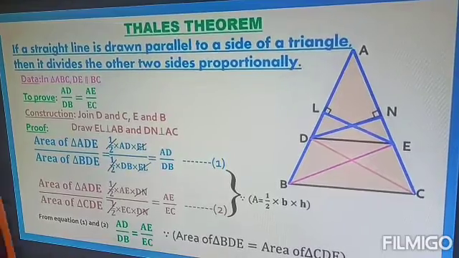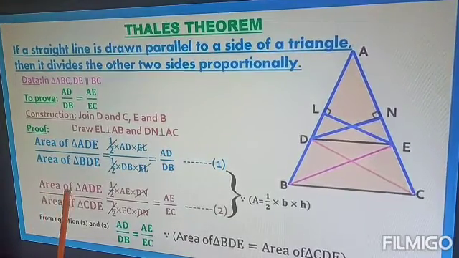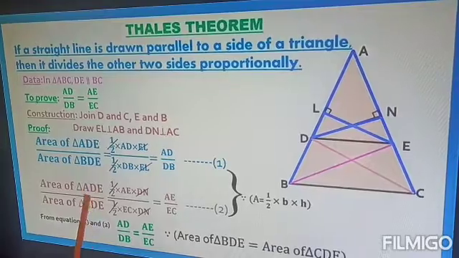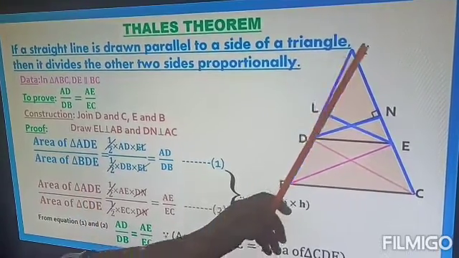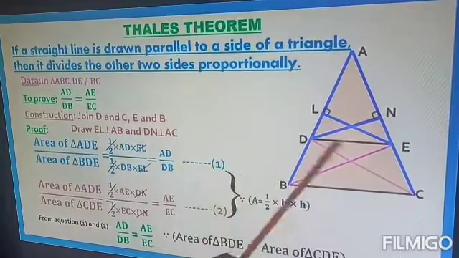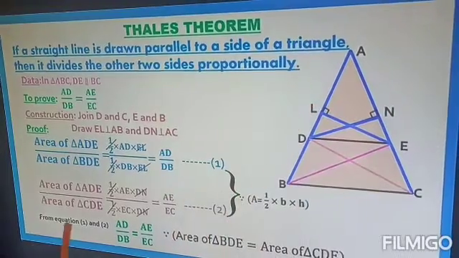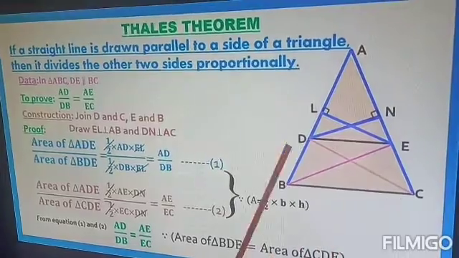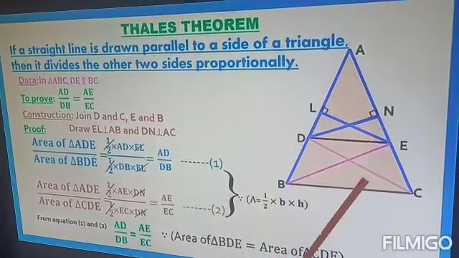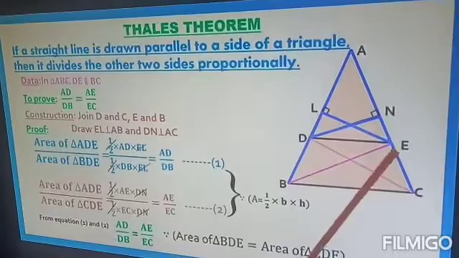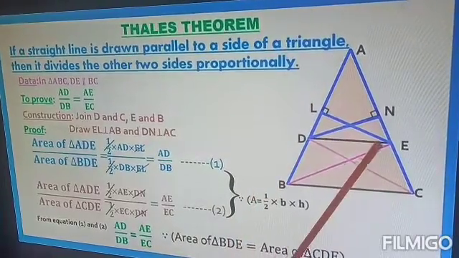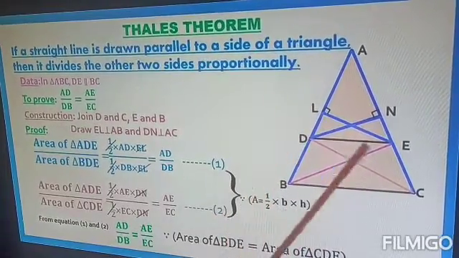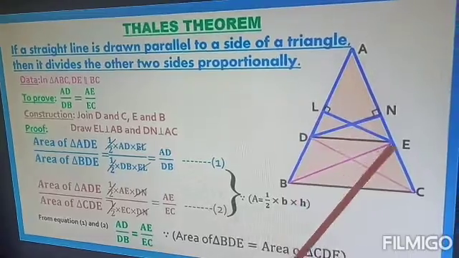Next, come to the second point. Area of triangle ADE, the same triangle, and in the denominator CDE. This part is CDE. But for ADE, the position changes here.